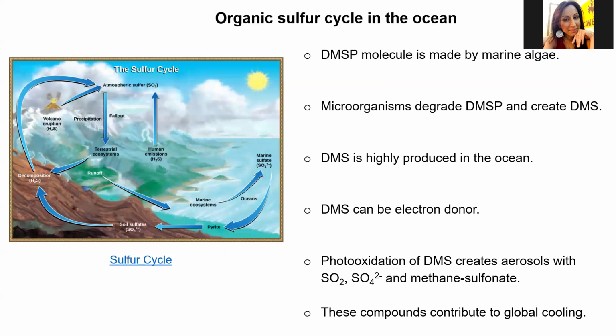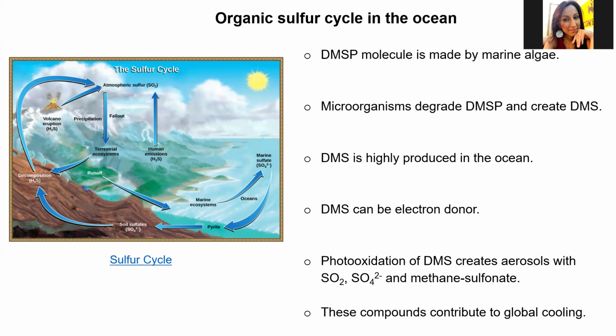Another fun fact is that the sulfur cycle is part of the three largest biogeochemical cycles, which are nitrogen and carbon, and then we add this sulfur cycle. It is highly extensive in the ocean, and there are very important sulfur molecules related to ocean organisms that I will mention now, simply because they are important in so-called global cooling.